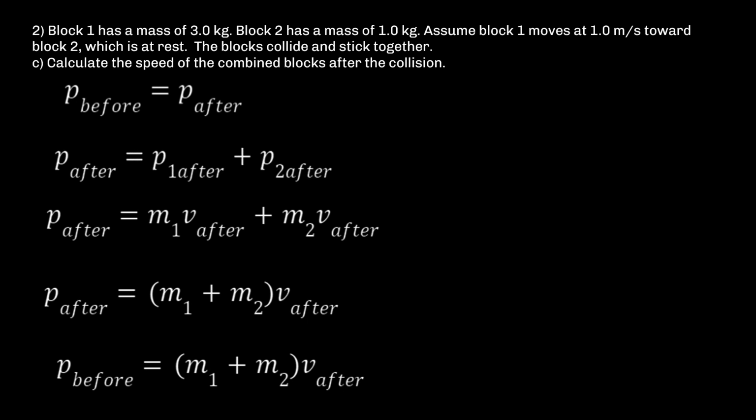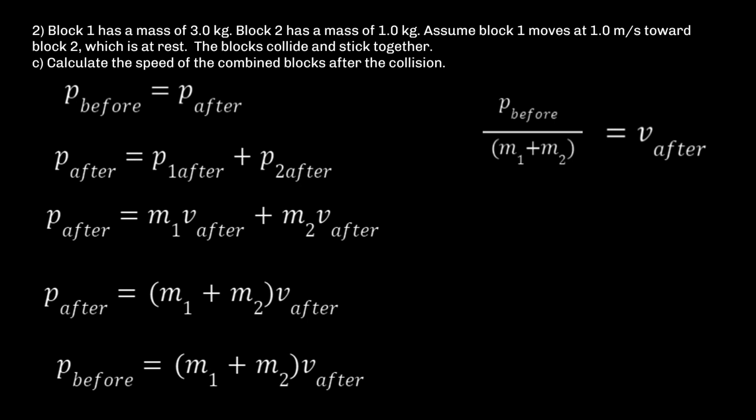Now I'm going to do a little bit of algebra to get that velocity after the collision on one side of the equation by itself, since it is multiplied by m1 plus m2. To get this by itself, I do the opposite of multiplication and divide out m1 plus m2. So I should end up with my momentum before the collision over m1 plus m2, that's equal to my velocity after.